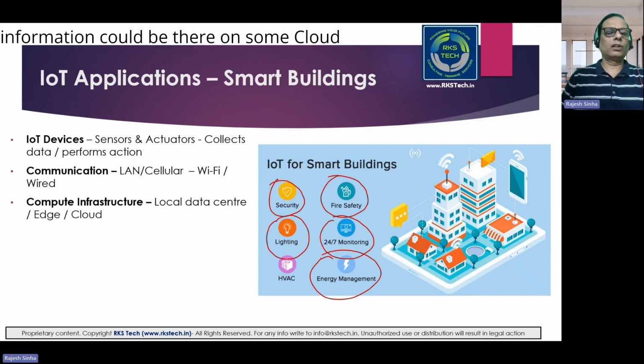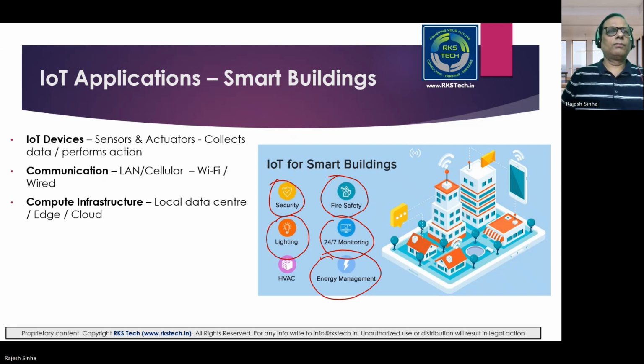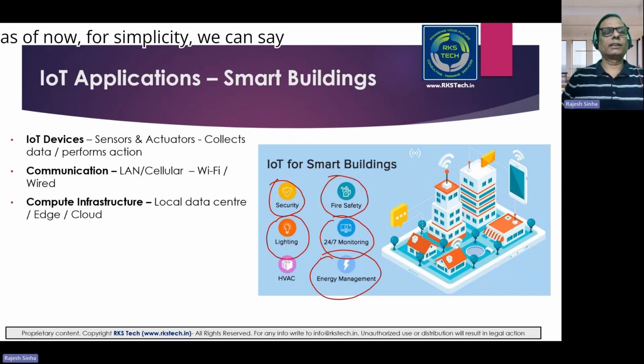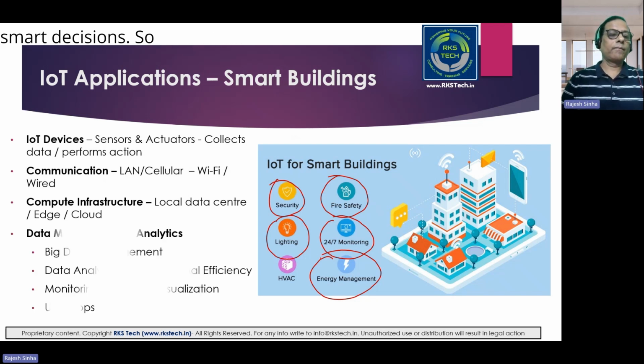The information could be there on some cloud, and there could be some edge devices also. So we will talk about what is edge and cloud and different layers of processing in a while. But as of now, for simplicity, we can say that we need some kind of compute infrastructure to manage and process all this data in order to take smart decisions.